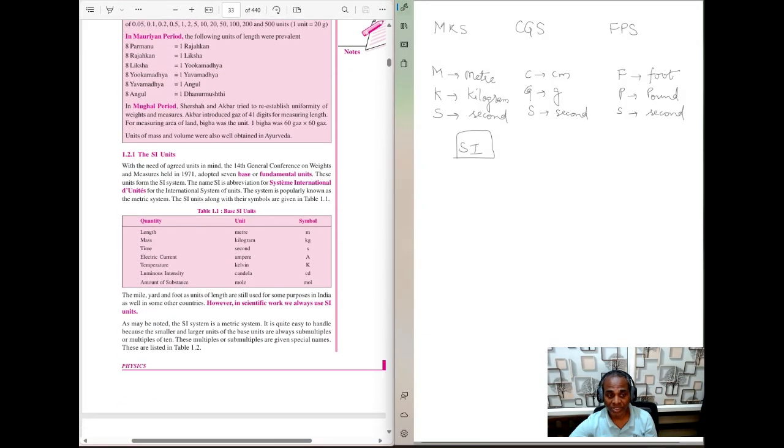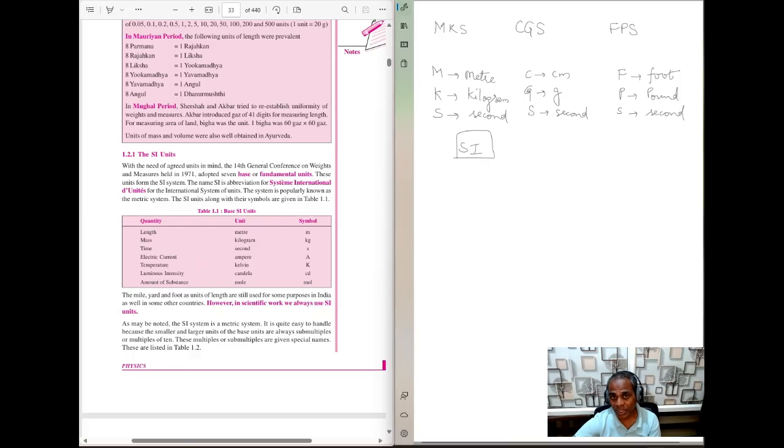As you can see on the screen, there are seven physical quantities mentioned, and their units in SI are mentioned side by side. For example, length: the SI unit is meter; mass, kilogram; time, second; electric current, ampere; temperature, Kelvin; luminous intensity, candela; amount of substance, mole.